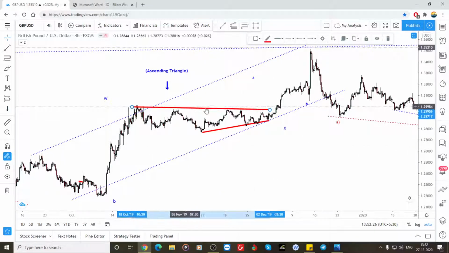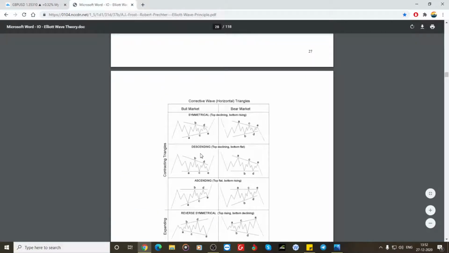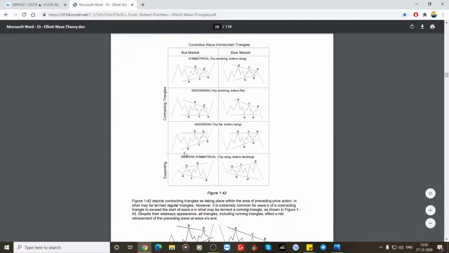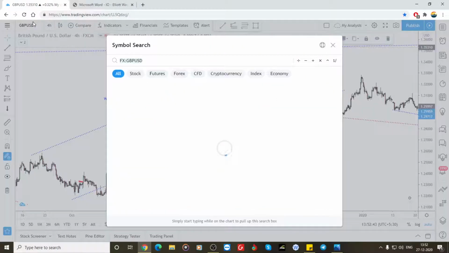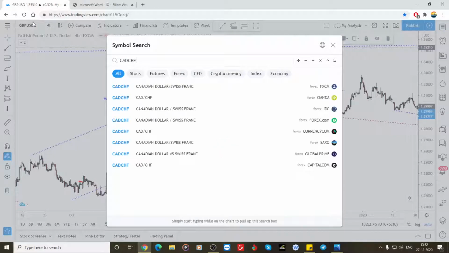The top is flat and the bottom is rising, right? See, top is flat, bottom is rising, and this is called an ascending triangle. And for the descending triangle, we will move on to CAD CHF.